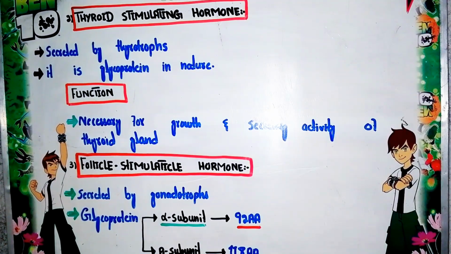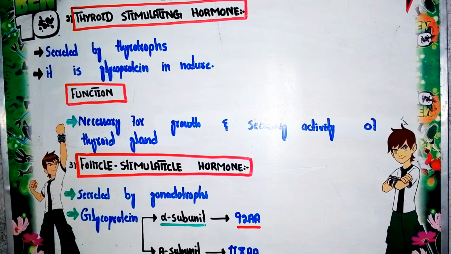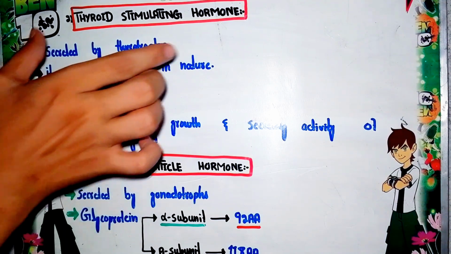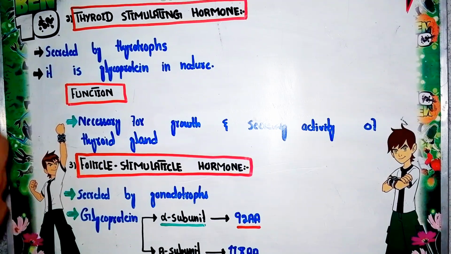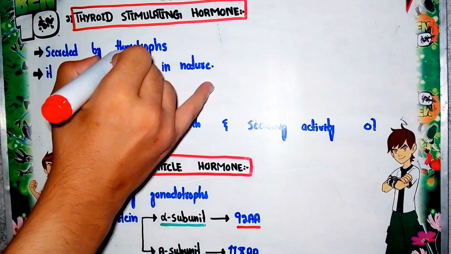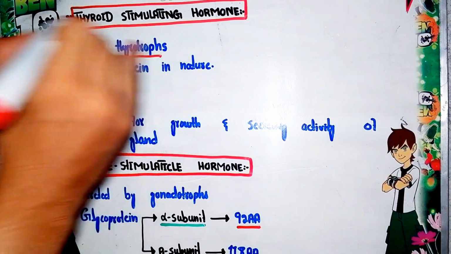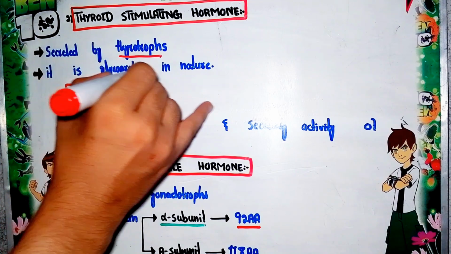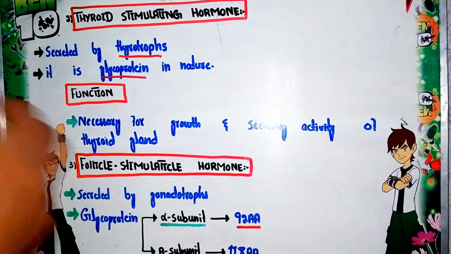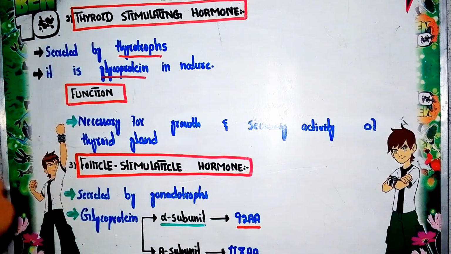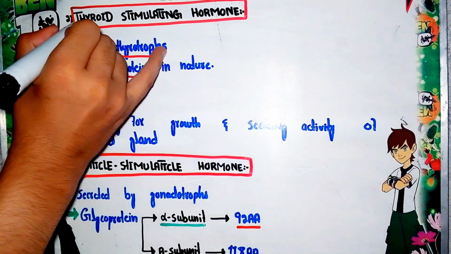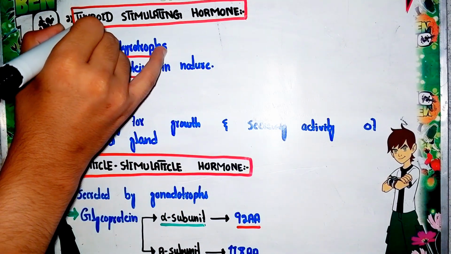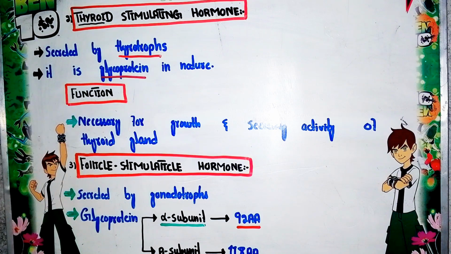The second trophic hormone secreted by the anterior pituitary is thyroid stimulating hormone. These hormones are secreted by chromophil cells called thyrotrophs, and they are glycoprotein in nature. So what is the function of TSH? As the name indicates, it stimulates the thyroid gland and controls its secretions.